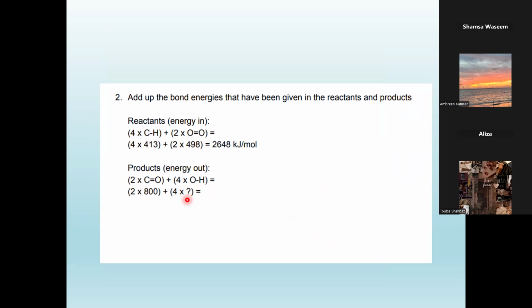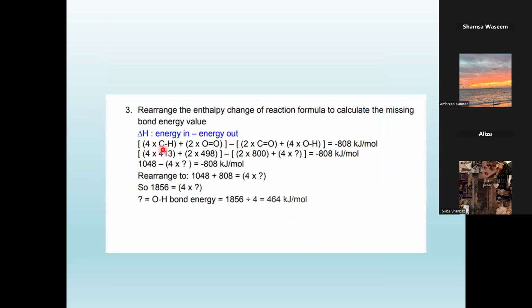Yes. Now what you have to do: we know that enthalpy change equals energy absorbed minus energy released. So enthalpy change equals energy absorbed, this one, minus energy released: 2 multiplied by 800 plus 4 times the O-H bond energy equals the enthalpy change, that is minus 808.